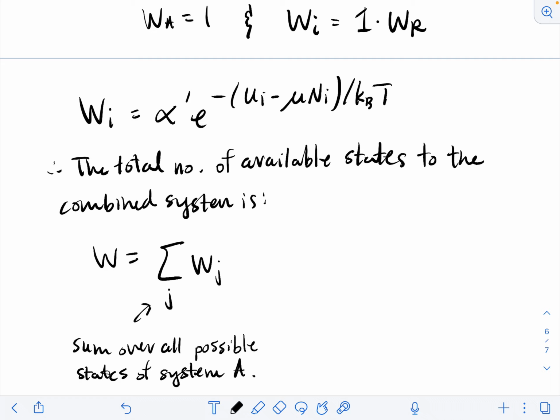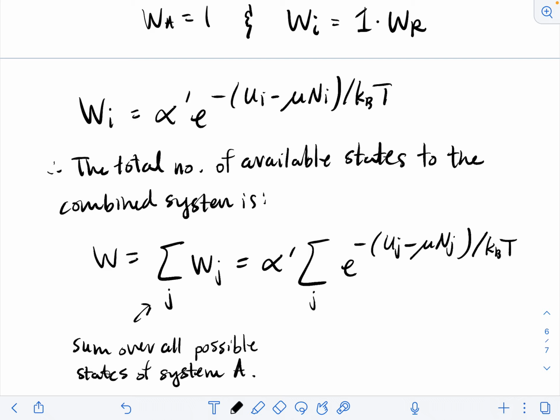Okay, and so that's going to be alpha prime, which is a constant, so we take it outside the sum over J, e to the minus UJ minus mu NJ over kBT.